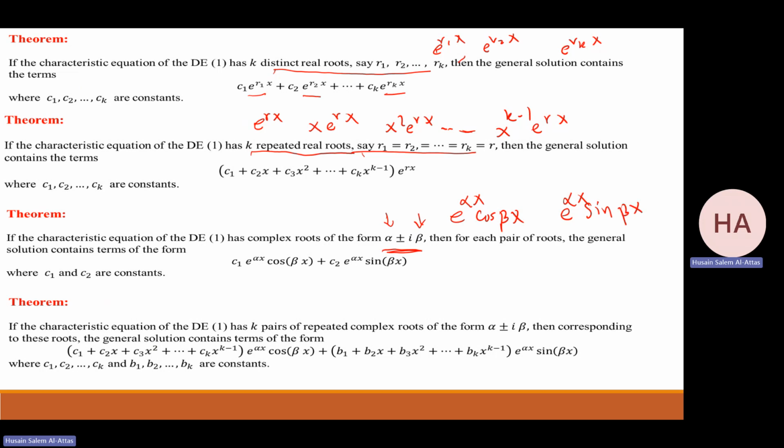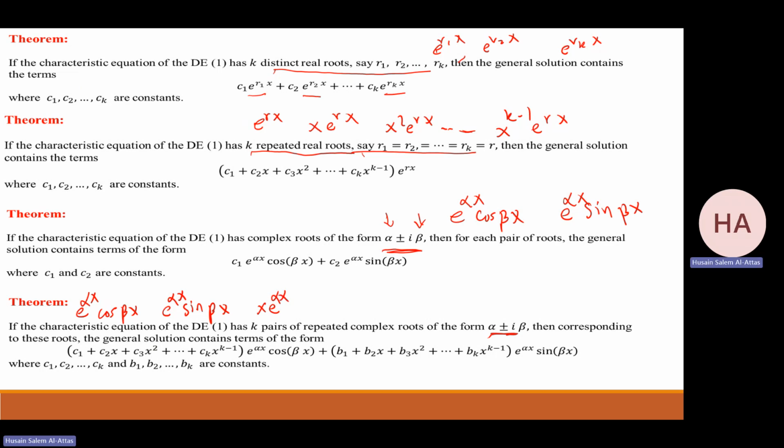If it is repeated, this is the fourth case. If alpha plus or minus i beta is repeated, then I have e to the alpha x cosine beta x, e to the alpha x sine beta x, and then x times that.